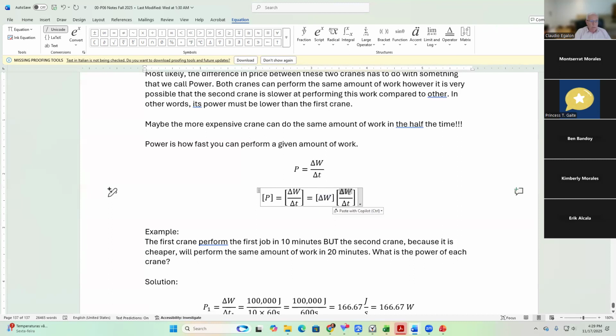Joules per second. And joules per second is the watt, abbreviated by the letter W.